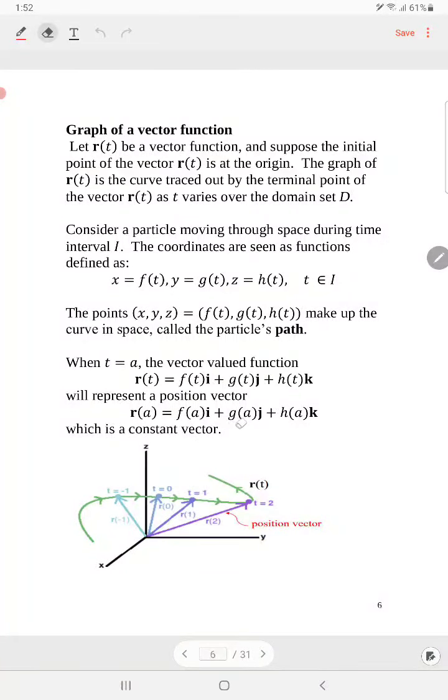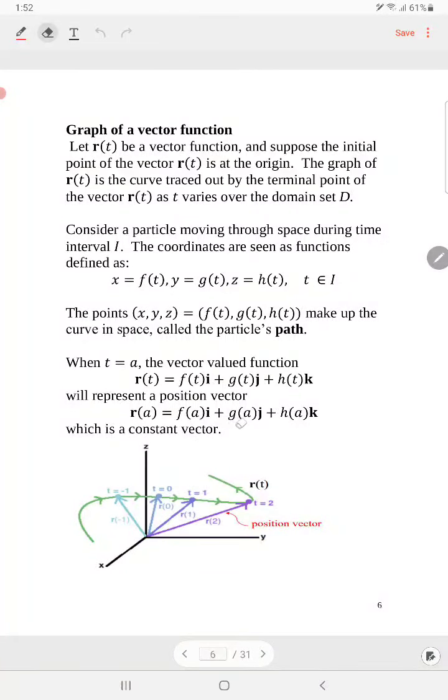This constant vector is called a position vector, and a position vector always starts from the origin.